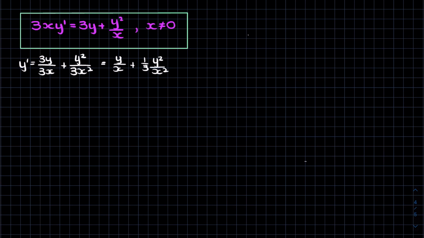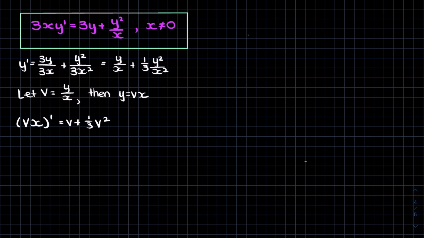So if we let v, that's our substitution variable, let v equal y over x, then we just get y equals vx. And so our y prime on the left-hand side becomes (vx) prime equals v plus 1/3 v squared.